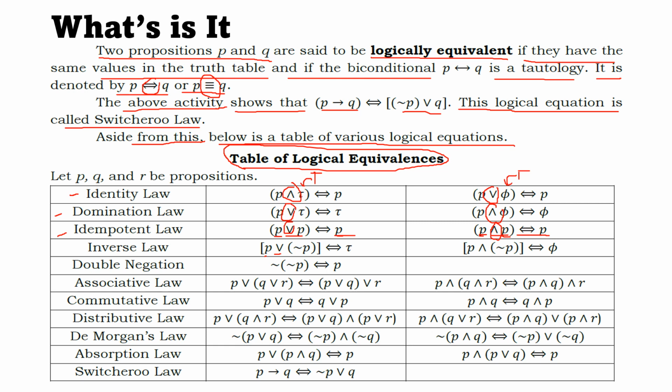That's why they are true for all P. Meaning to say, any value can be a value of this P, and it can provide you a resulting value which is true.